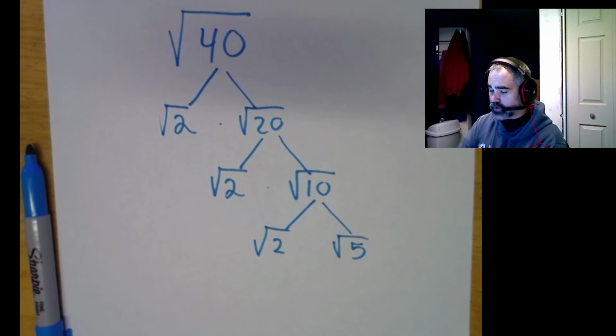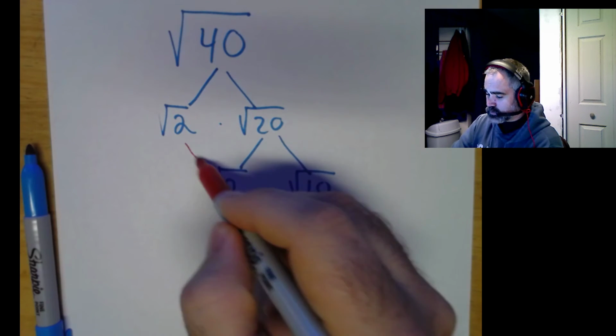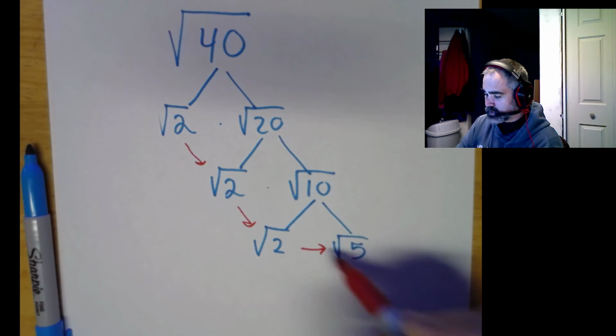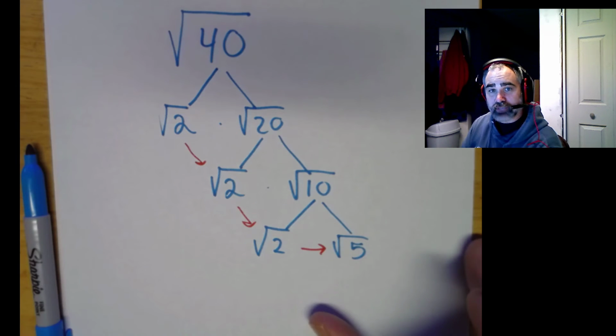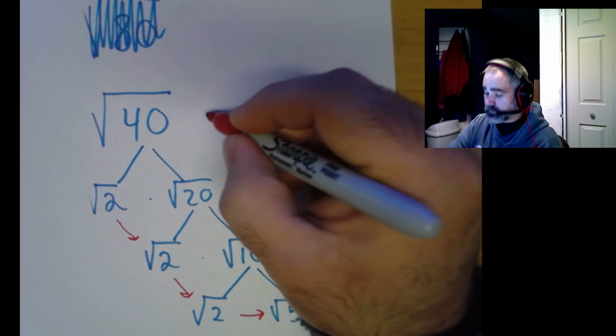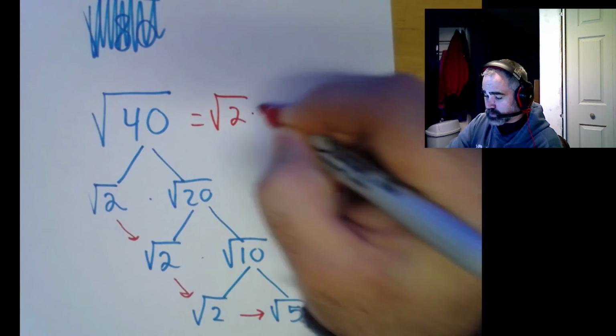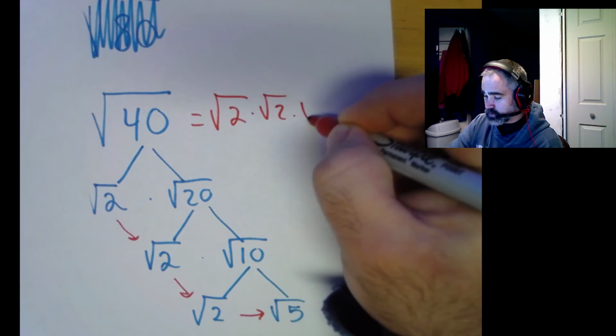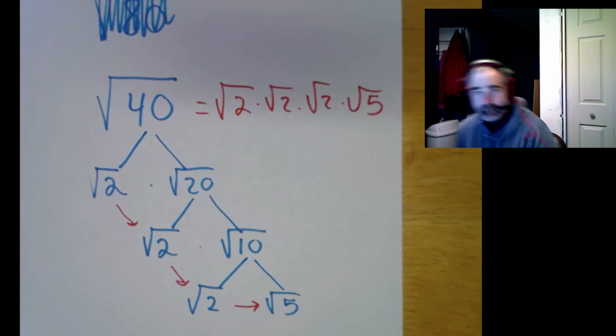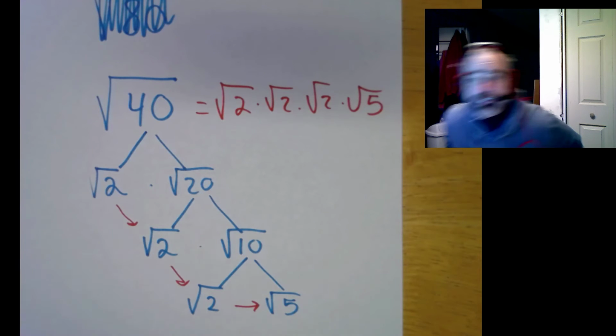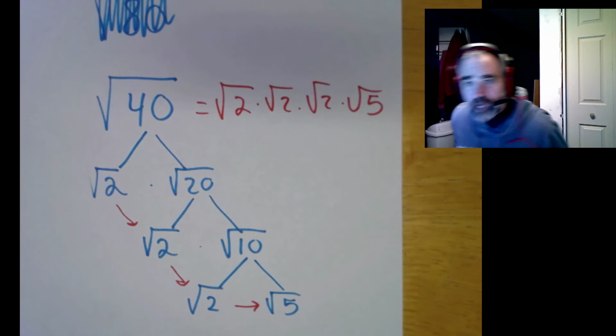Essentially what I've done here is all these numbers, 2 times 2 times 2 times 5, these outside numbers are all multiplied together to be 40. And you can check it if you want to. The square root of 2 times the square root of 2 times the square root of 2 times the square root of 5 is equal to the square root of 40. Those are exactly the same. Now, here I'm going to show you why I want to do this.